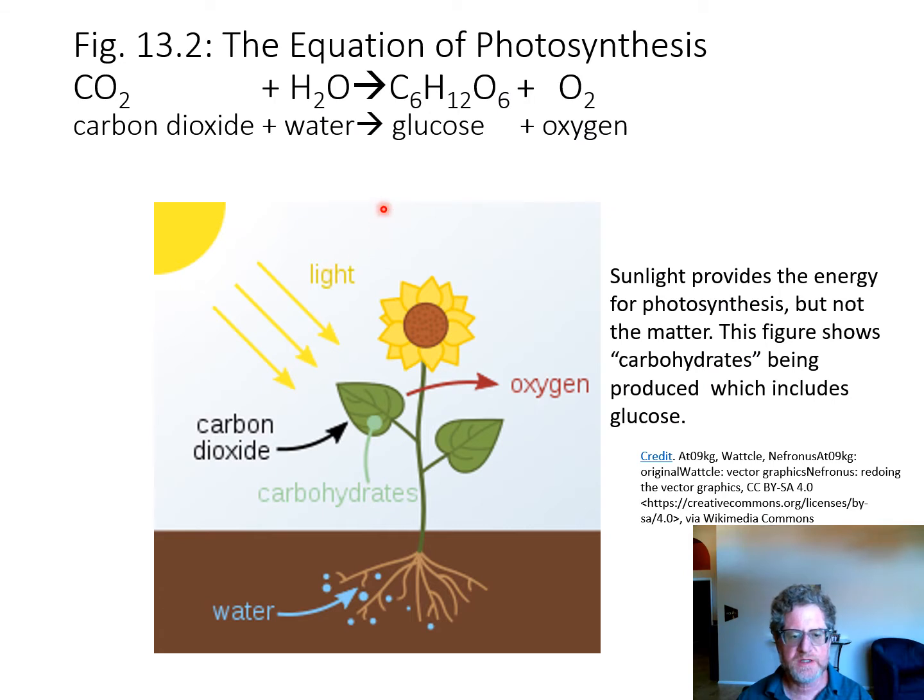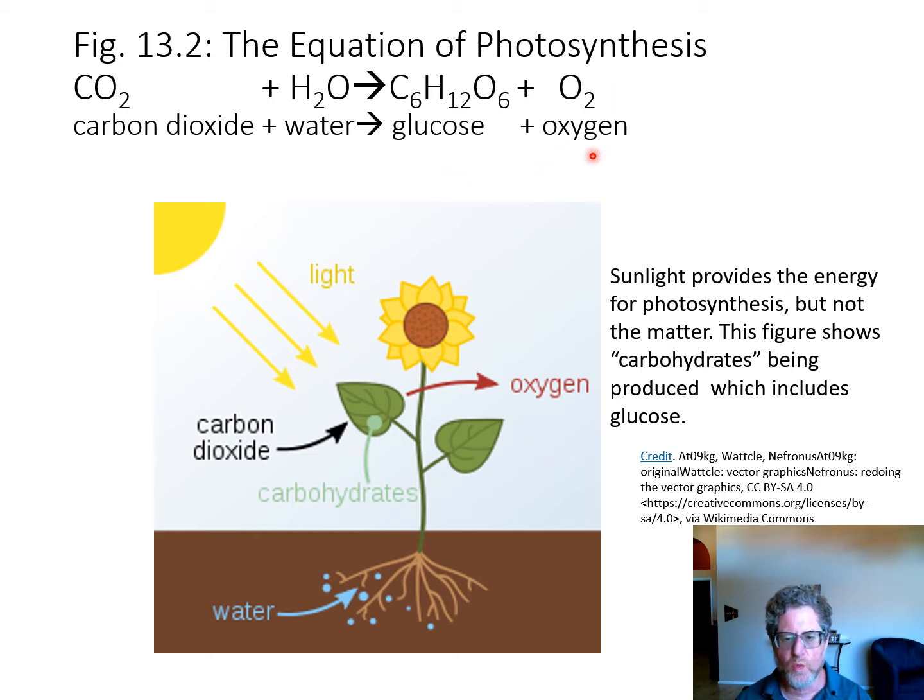So photosynthesis is a process that plants do, and algae can do it, and some bacteria do it. What plants are able to do is take carbon dioxide and water, combine them using the energy of sunlight, and build glucose, which is a carbohydrate, and then oxygen gets released as a waste product.